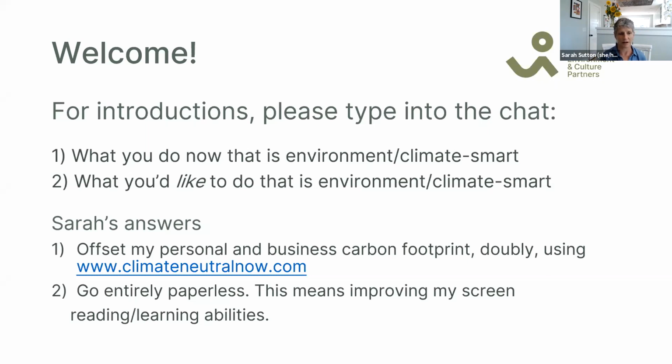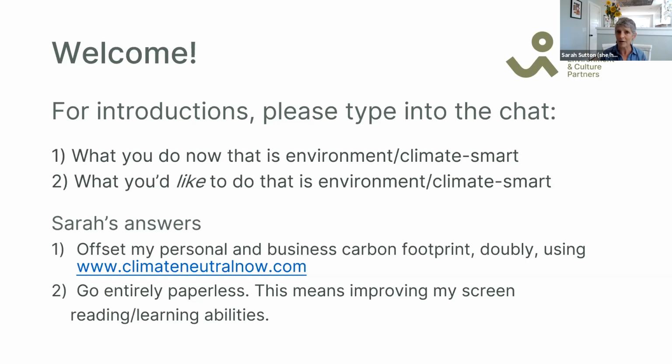To give you an example, my answers would be that I offset my personal and business carbon footprint, each times two, using Climate Neutral Now. And I'm working on going entirely paperless. That means for me, improving my screen reading and learning abilities. I'm very tactile.